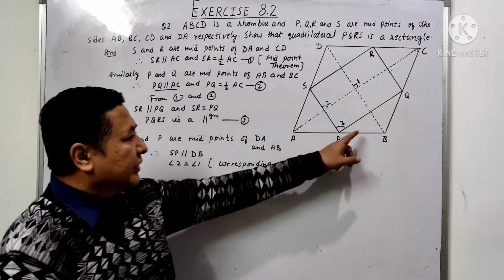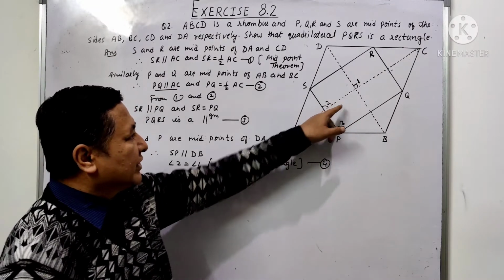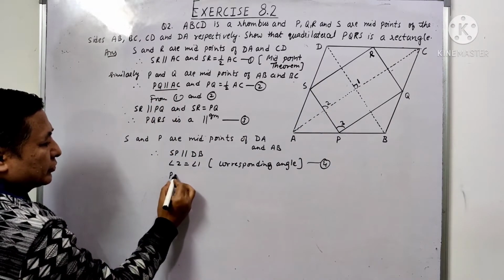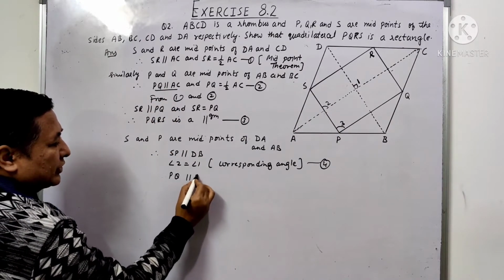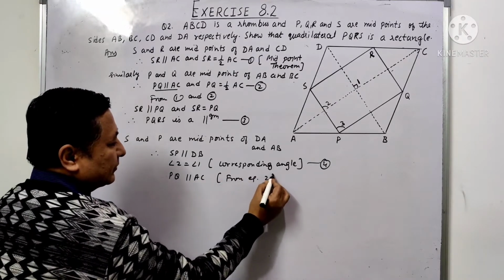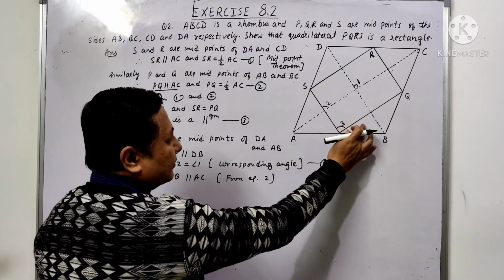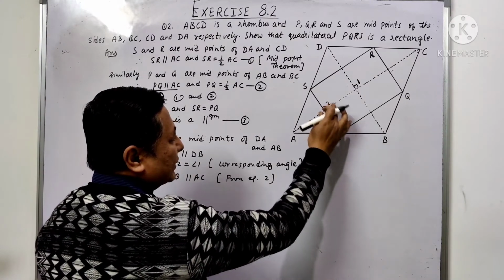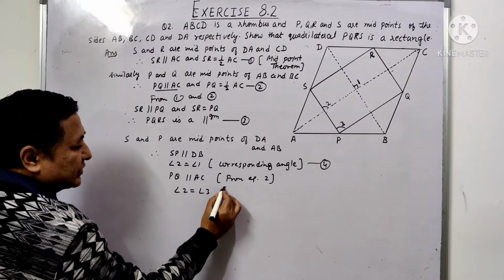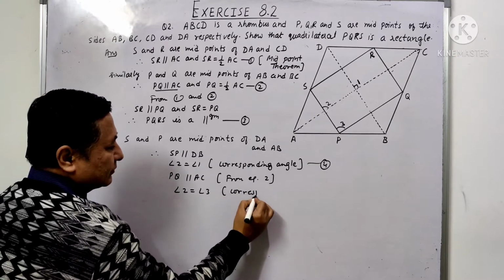Now we have already proved that PQ is parallel to AC, from equation second. Since these two lines PQ and AC are parallel, angle 2 and angle 3 will also be equal. Again, the reason is corresponding angles.